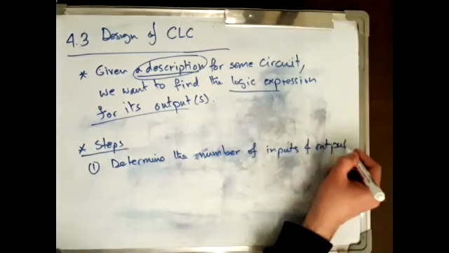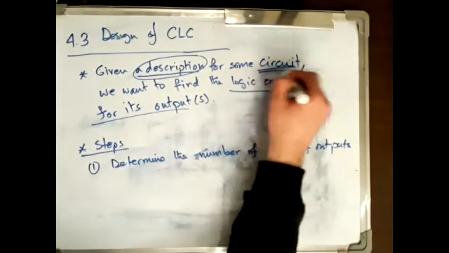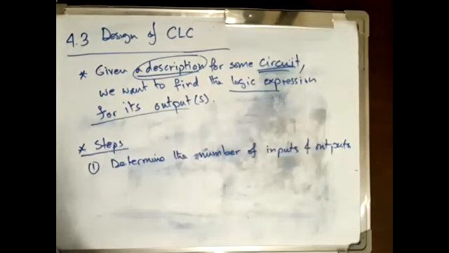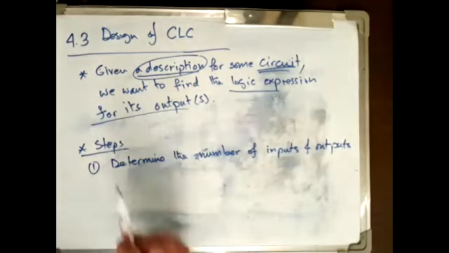Usually the circuit operation is given verbally, as statements that tell you how the circuit works and what the relation between the inputs and the outputs is, and you need to design the circuit. So the very first thing we need to do is to understand the description in order to determine how many inputs and how many outputs there are.